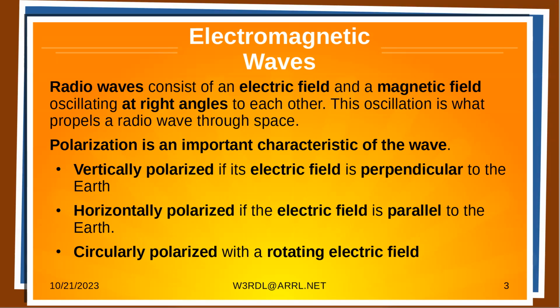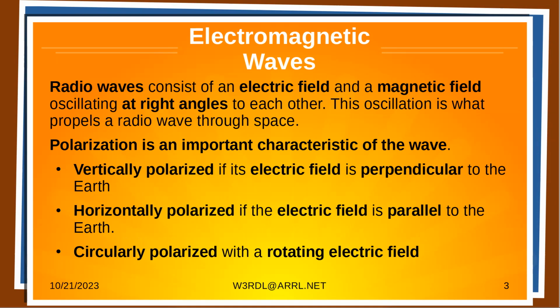We talk about polarization, and we refer to the electric field's orientation to the Earth. So if the electric field is propagated along the length of the conductor, if it's a horizontal wire, the E field is going to be horizontal.